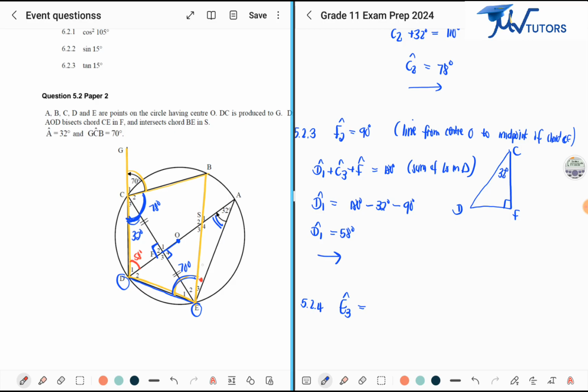And remember, we know that the angle subtended by the diameter is 90 degrees. So let's start there. We know that the entire angle E is equal to 90 degrees. I would write there, angle subtended by diameter is 90 degrees, but I think you've been taught to say angle in a semicircle.